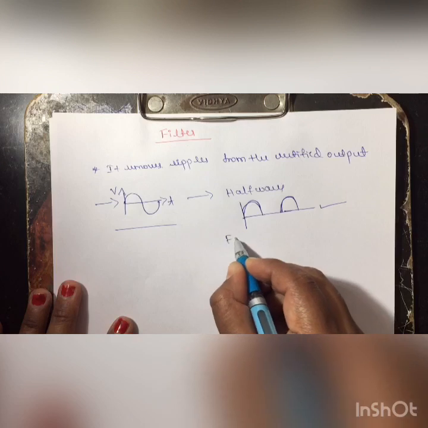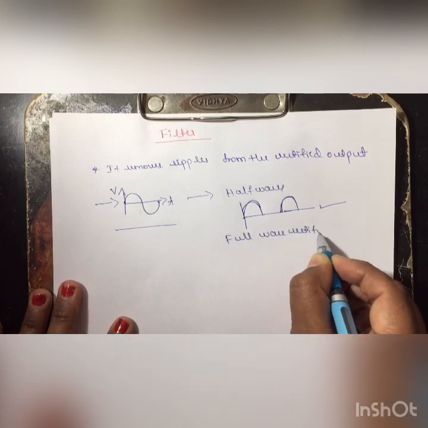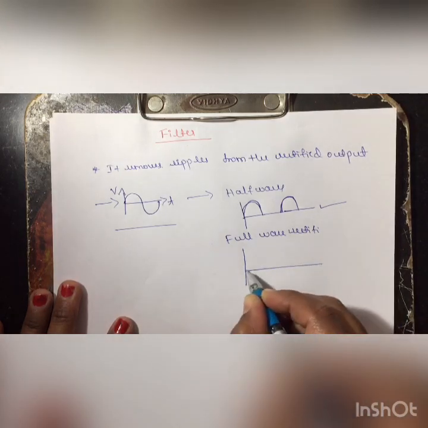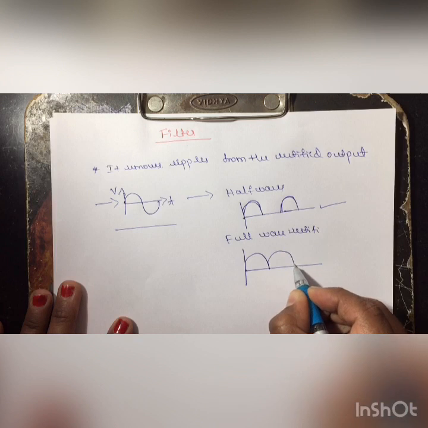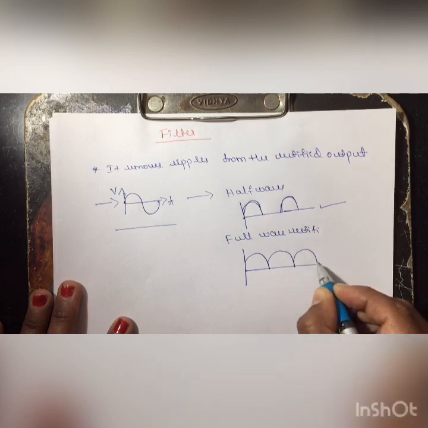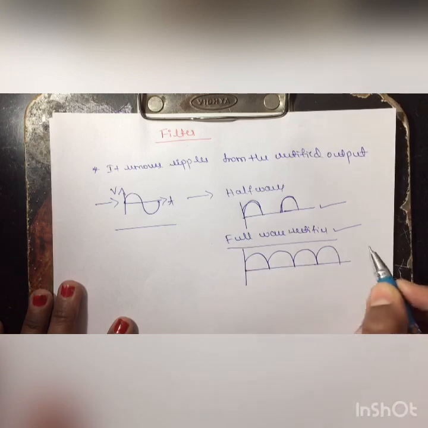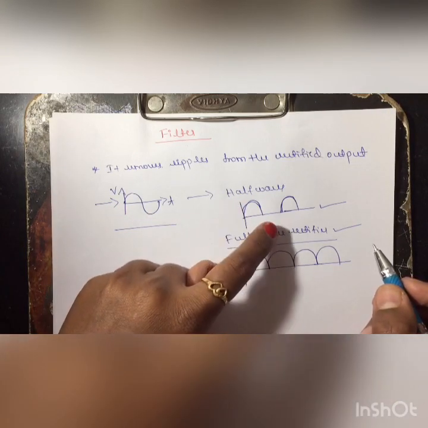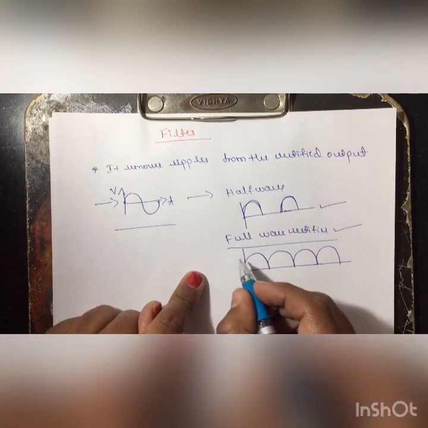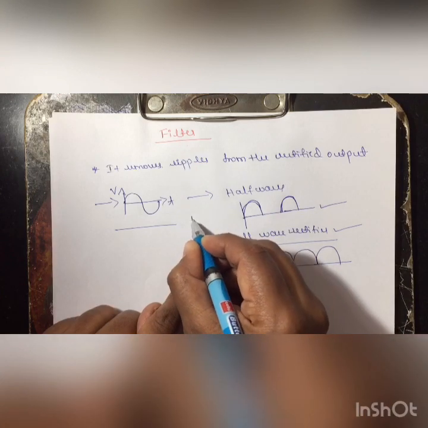But in the case of a full wave rectifier, it allows both the positive as well as the negative half cycle, so we get a continuous output.